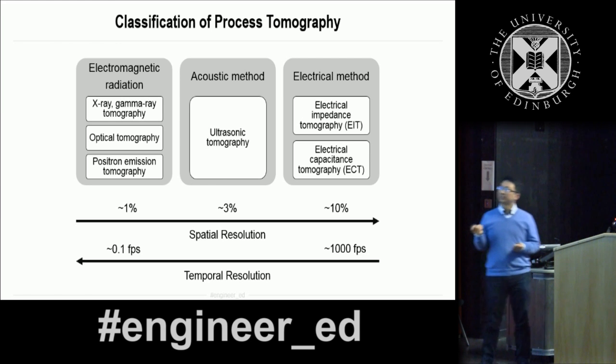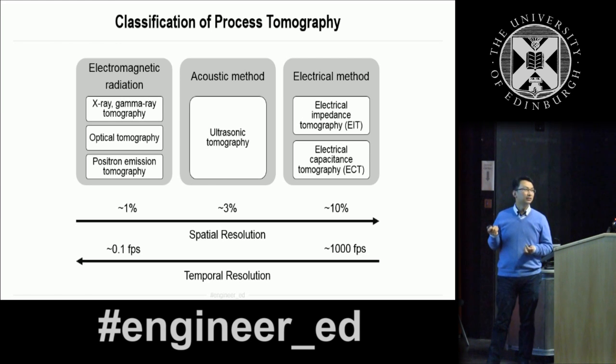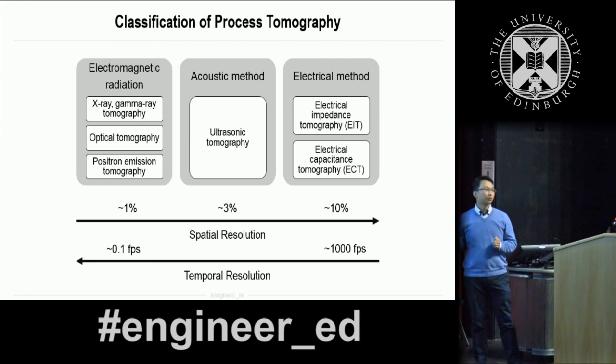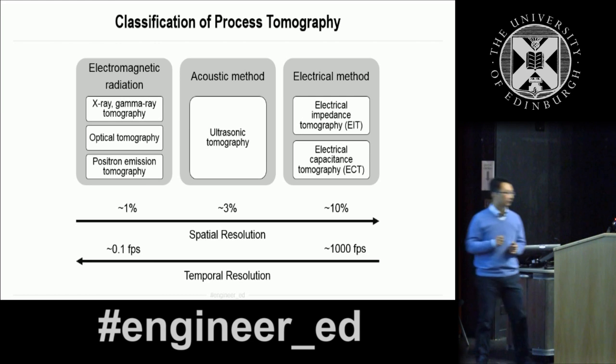But the advantage is that it is much faster. Because X-ray or gamma ray takes a few seconds or a few minutes to provide one image. But for this group, 1 second can provide you more than 1,000 frames. So it can catch really fast reactions.